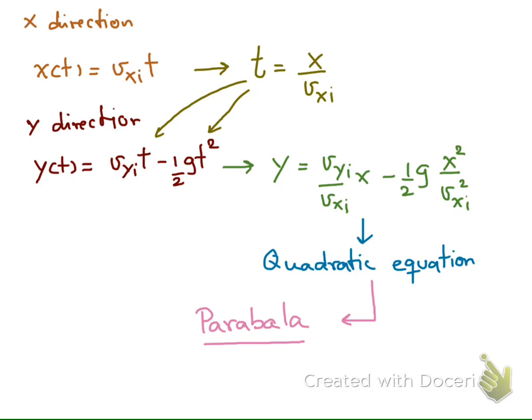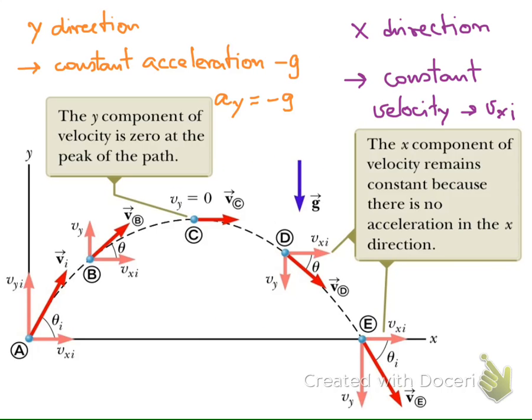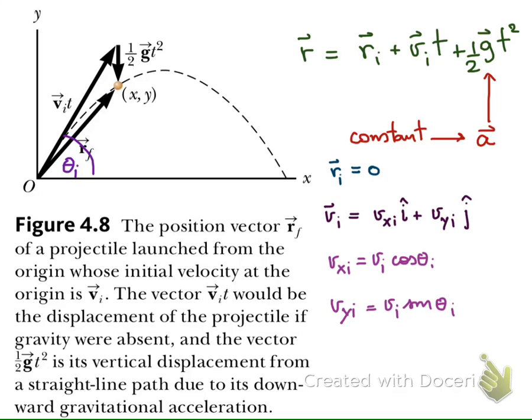So the path for the projectile is a parabola, which is shown in this figure. The name of this curve is a parabola.